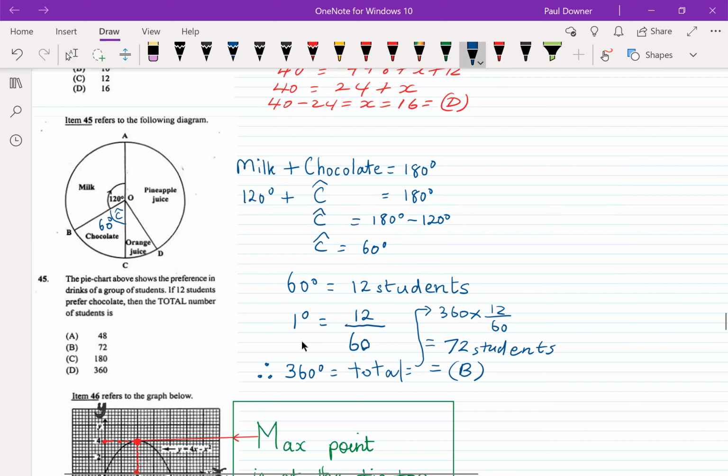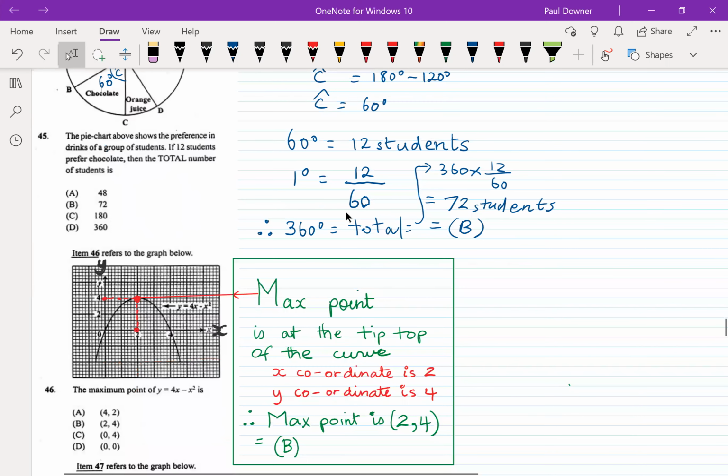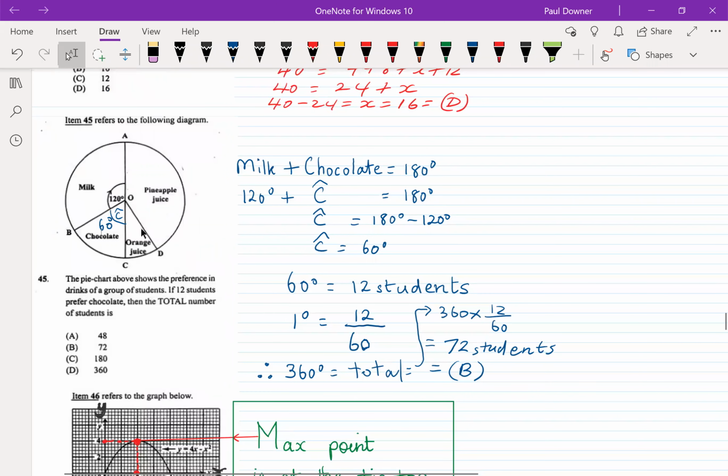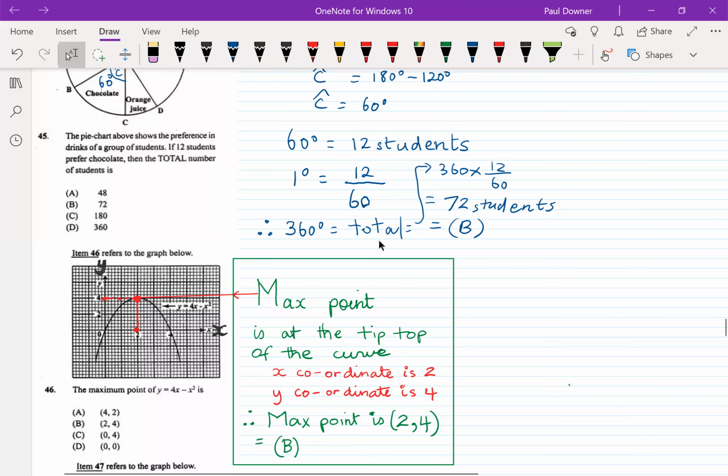But they said 12 students prefer chocolate. So those 60 degrees must be referring to the 12 students, right? Now, if 60 degrees is 12 students, then 1 degree will be 12 over 60. Divide here by 60, divide there by 60. Now, if 1 degree is 12 over 60, then all of these, this 360, which would represent those who prefer milk, chocolate, orange juice, and pineapple juice, could be found by saying 360 times 12 over 60.